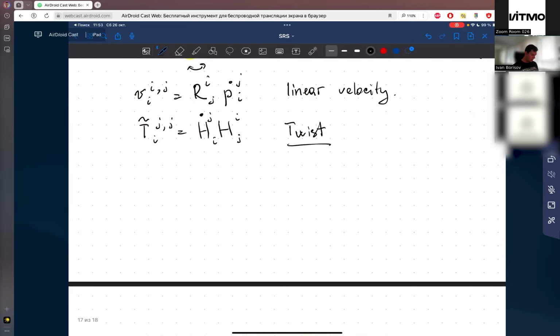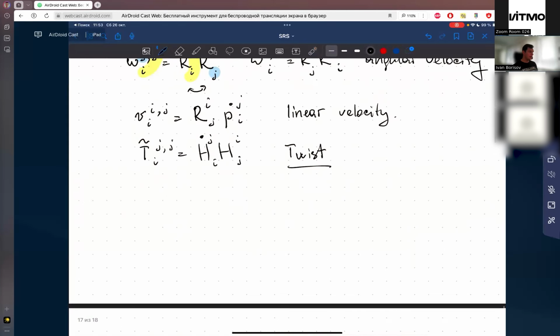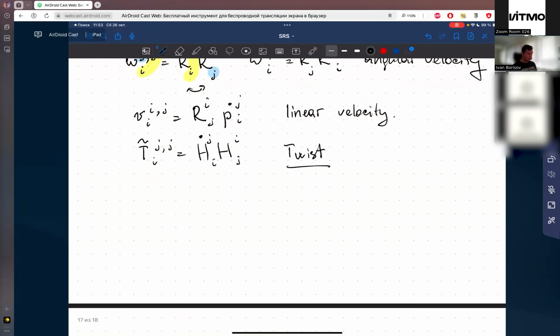And also, finally, we covered that both of these equations can be treated as a differential equation, and in order to solve it, you need to use exponential coordinate representation.